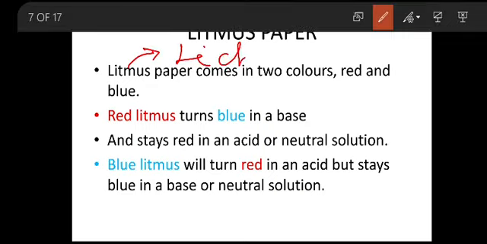Always keep in mind that the red litmus will change to blue in case of a base, and in case of an acid it will remain red itself. In case of a blue litmus paper, when you add an acid, it changes its color into red. Whereas if you add a base to it, it will remain in the same blue color.